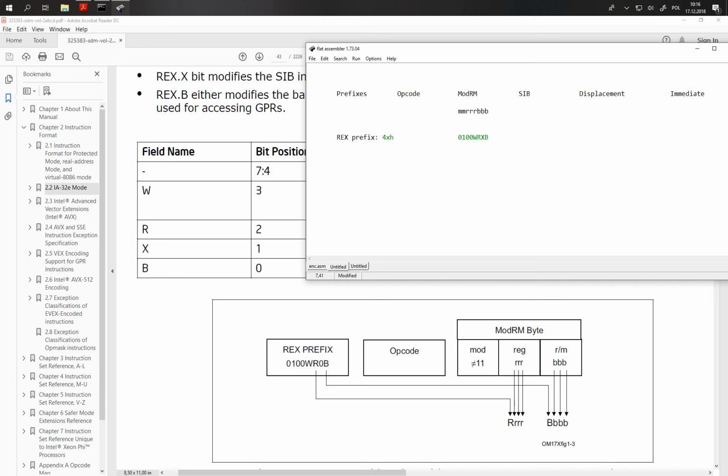But also, when the RM field is 4, then we have another byte, scale index base.